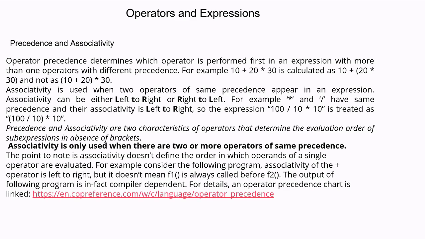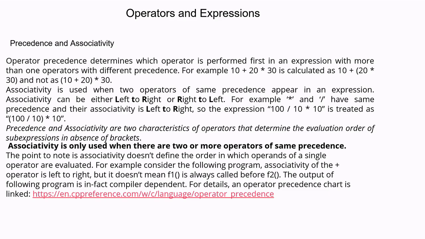Operators can have an associativity of either left to right or right to left, which means that when there are multiple instances of that operator on one line, this will determine whether it starts at the rightmost instance of it in the line or the leftmost instance of it in the line, and then it will go left to right or right to left.